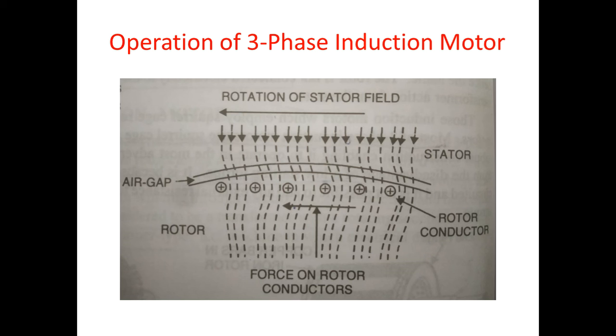When a three-phase induction motor is supplied by a three-phase supply, the stator produces a rotating magnetic field which rotates around the stator at synchronous speed. Let us assume that the direction of rotation of the stator field is anti-clockwise. Now this rotating magnetic field passes through the air gap and cuts all the rotor conductors.